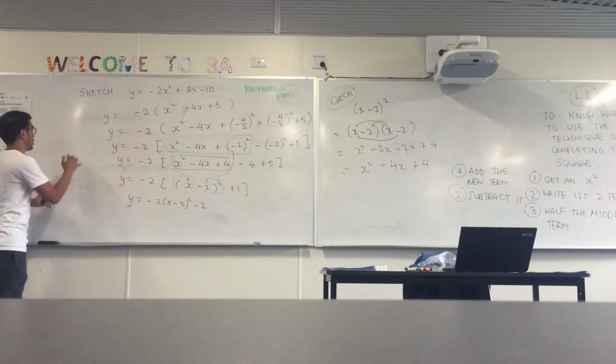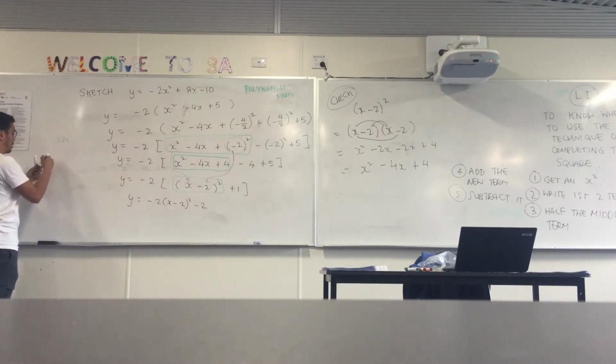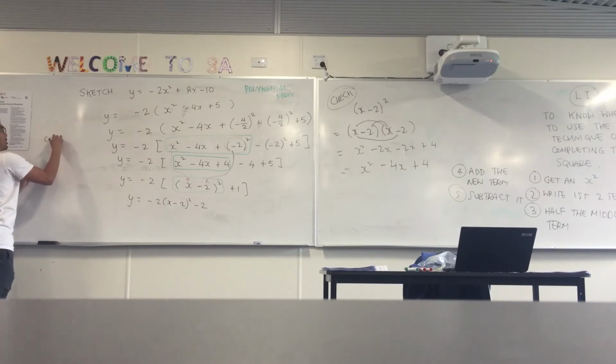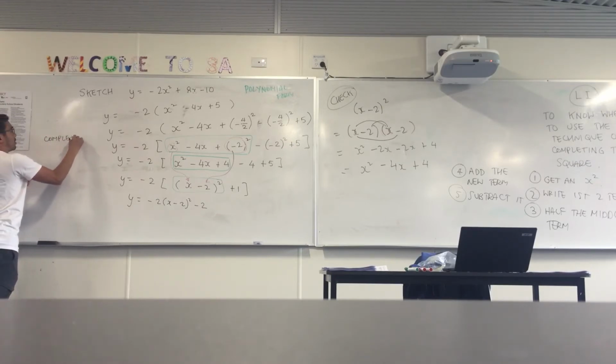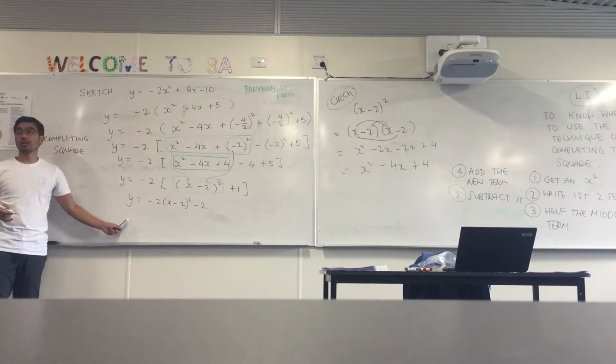What's so good about completing the square? What is the advantage that you can see in the last line of completing the square? What's the main advantage? Devansh.